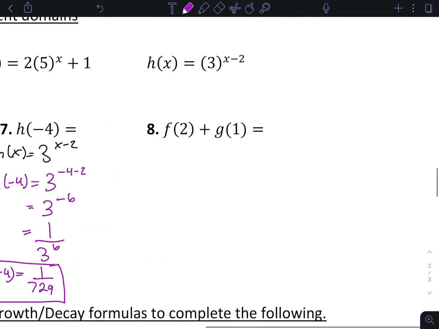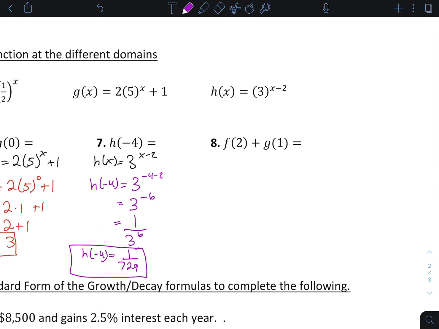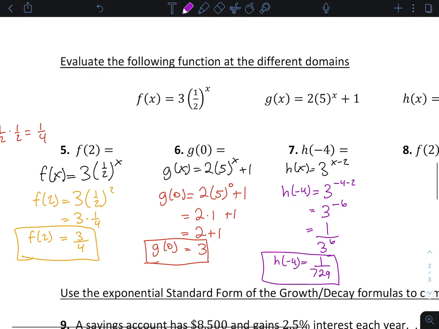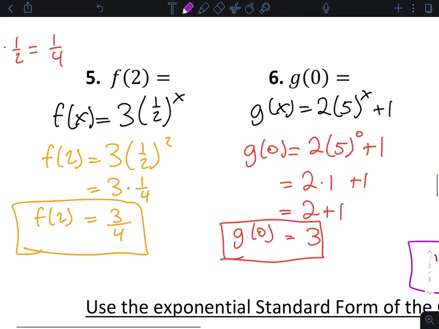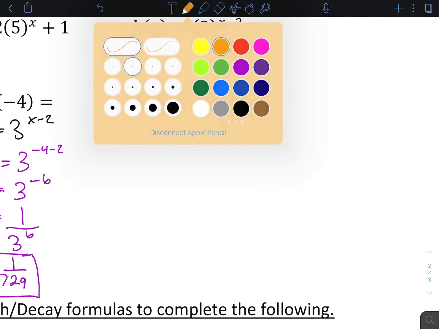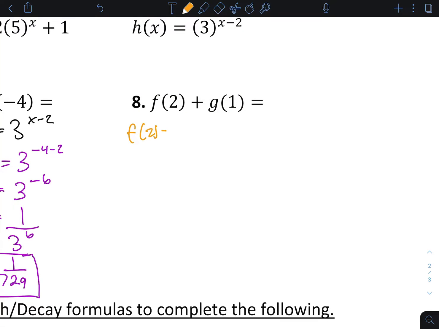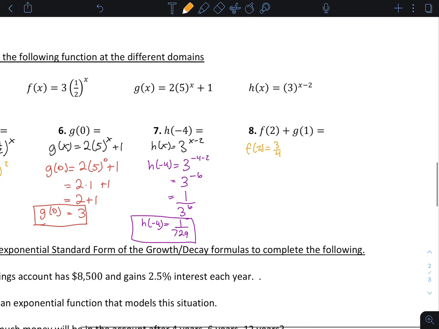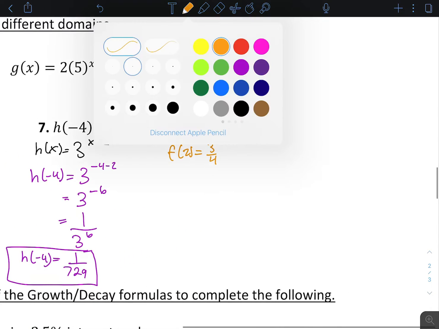Awesome. Number 8, f of 2 plus g of 1. I'm not going to work out f of 2 again because I just did it over here. So f of 2 is 3/4. G of 1 here is, well, we haven't found g of 1, so let's find it again.